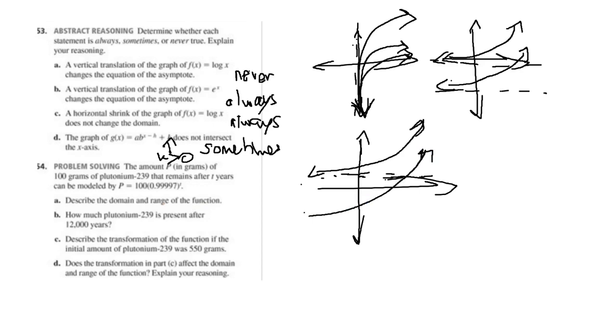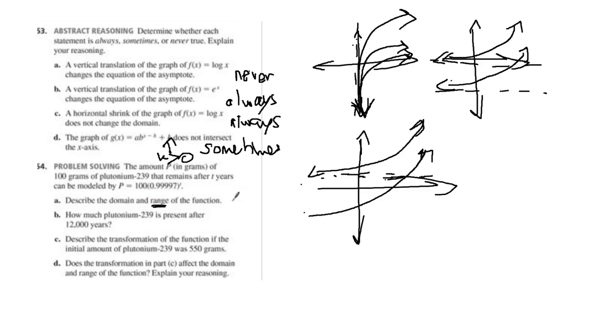Problem solving. The amount P in grams of 100 grams of plutonium 239 remaining after t years can be modeled by that function. Describe the domain and range of the function. Now it's 0.9999997 to the t. So the results that we can get have to be lower than 100. But since it's 0.99997 to the t, it can never reach 0.